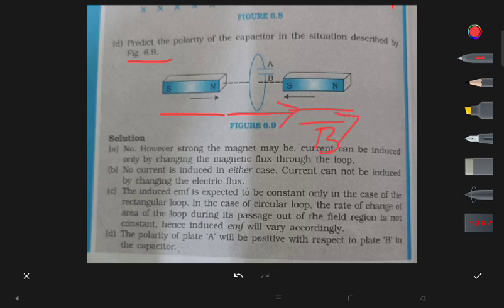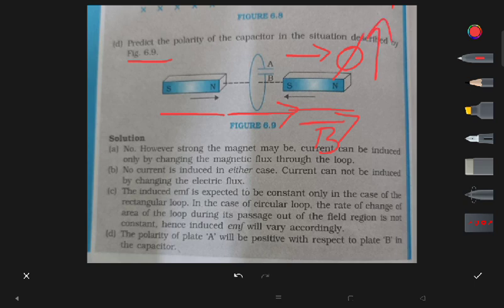First thing, as both magnets approach the ring, the flux passing through the ring from left to right is increasing with respect to time.